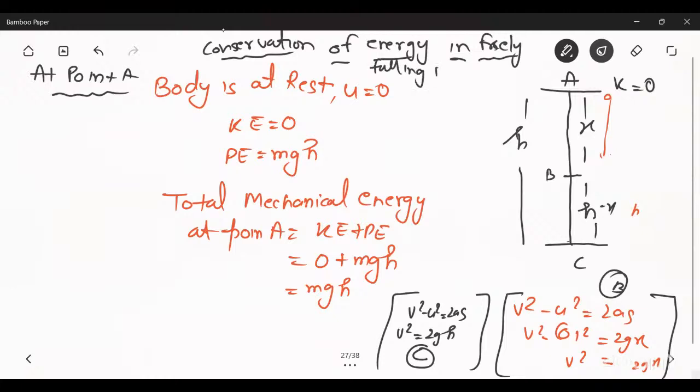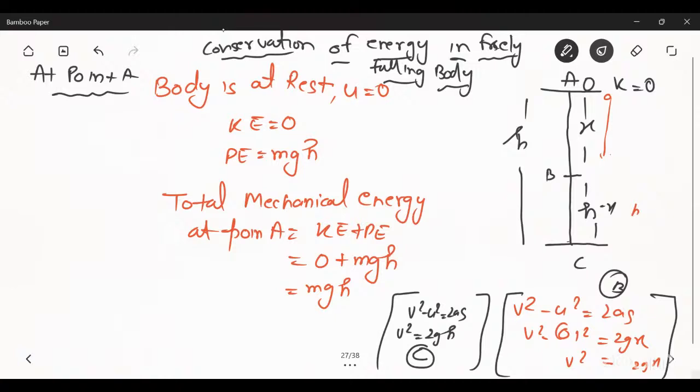I have discussed in the previous video that a body at point A is taken at height h from the surface of Earth. So at point A, it has zero kinetic energy because it is at rest, so it has zero velocity. It only has its potential energy mgh. So total mechanical energy will be equal to the sum of kinetic energy and potential energy.